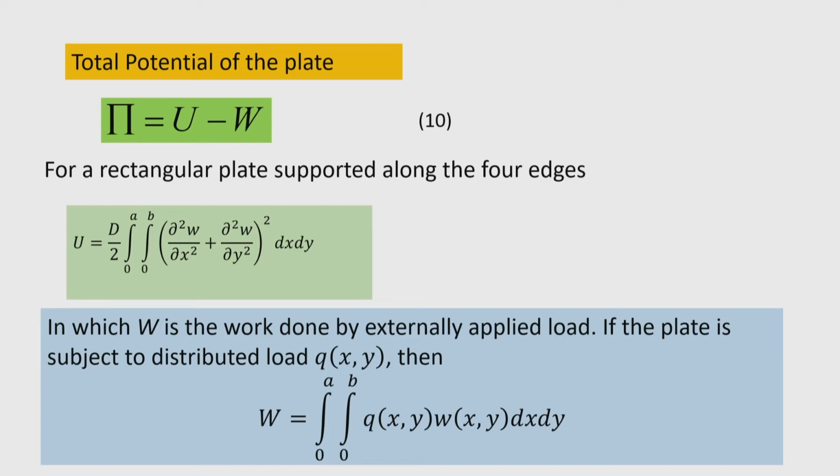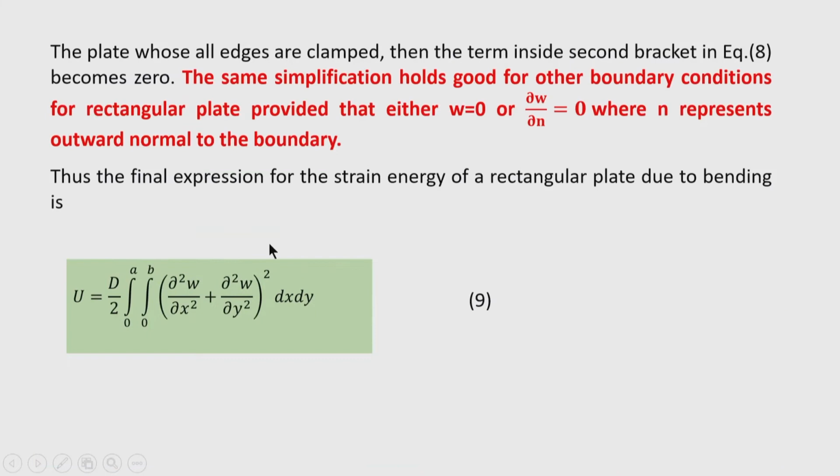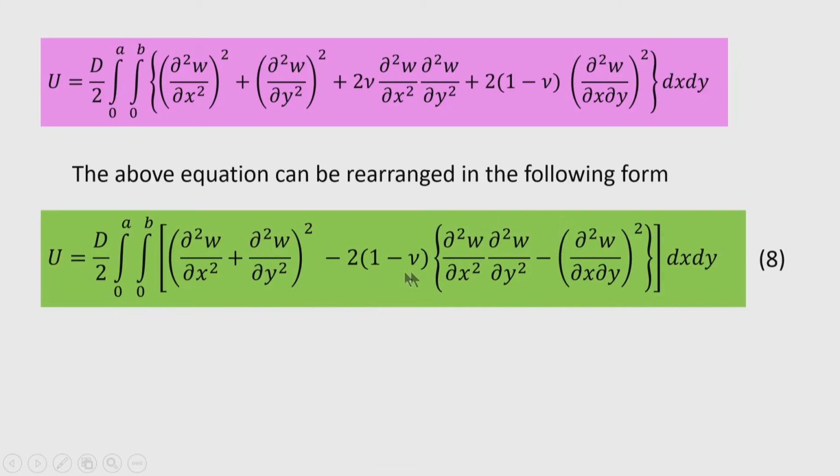Now, for a rectangular plate that is supported along the 4 edges, the strain energy expression is this. If it is not supported along the 4 edges, that means say for example, one edge is free, then you cannot use this expression. Then you have to use the general expression with this term containing the Poisson ratio, 1 minus mu is the factor.